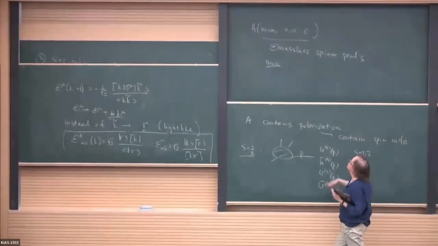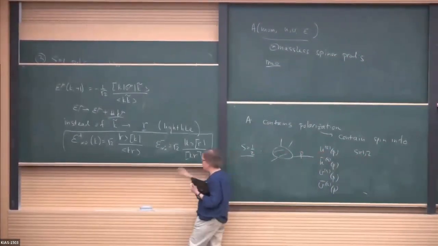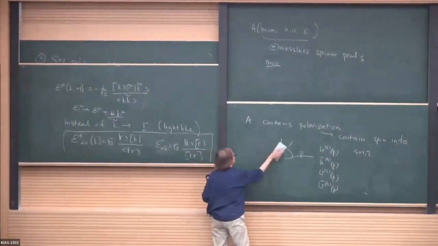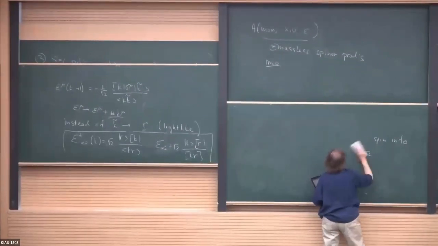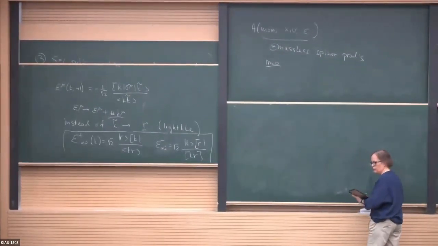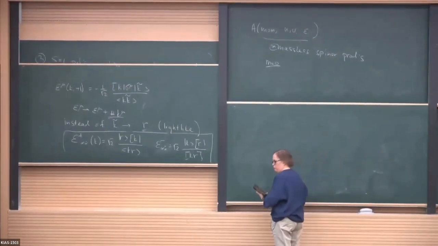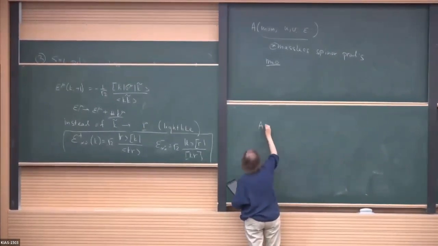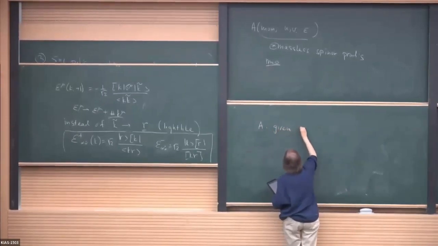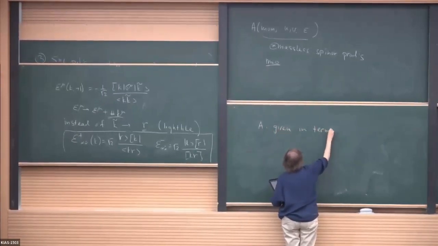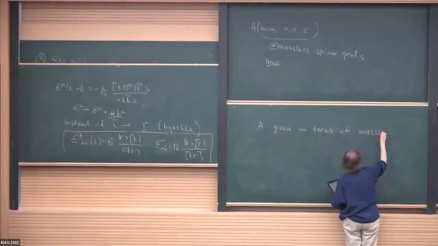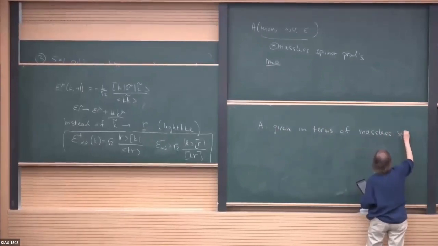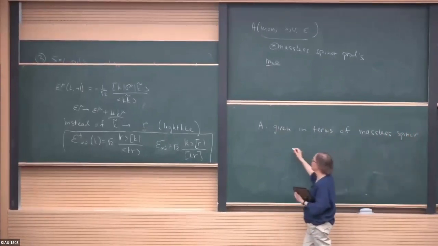So once we write everything in terms of these massless spinors, the amplitude A will be given in terms of massless spinor products.